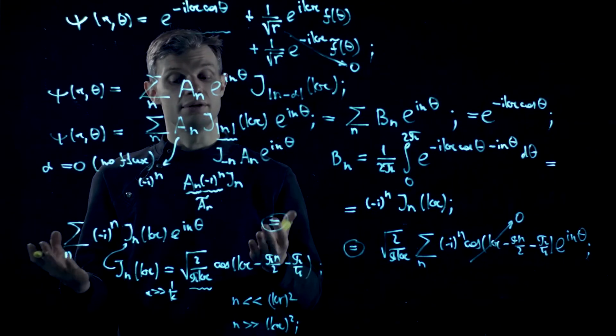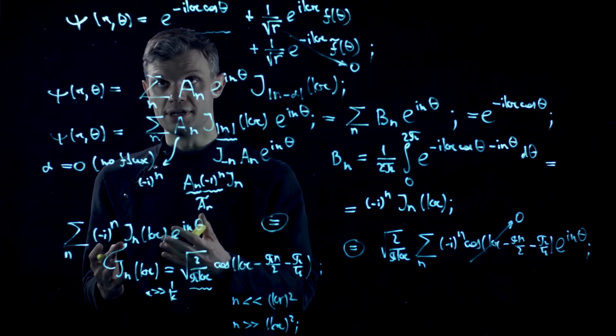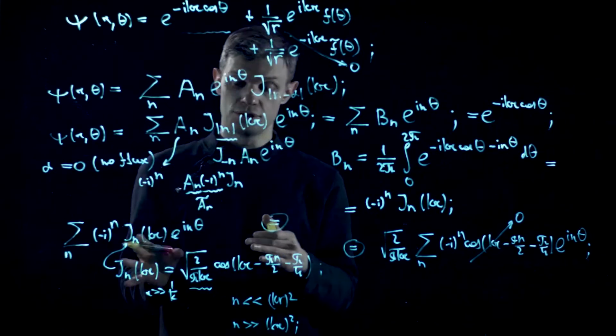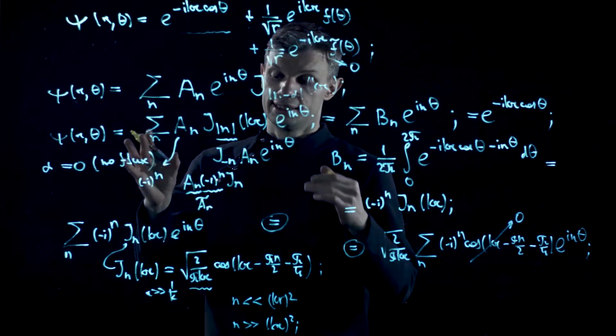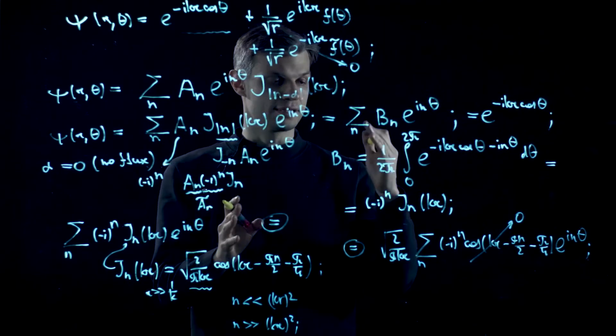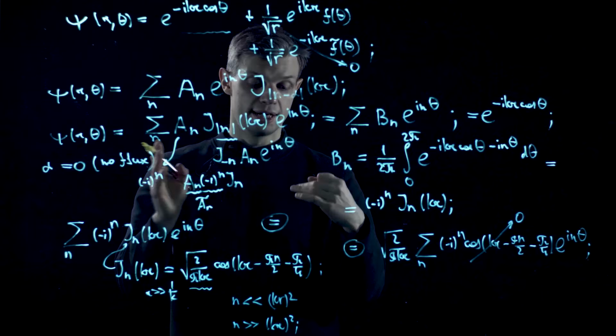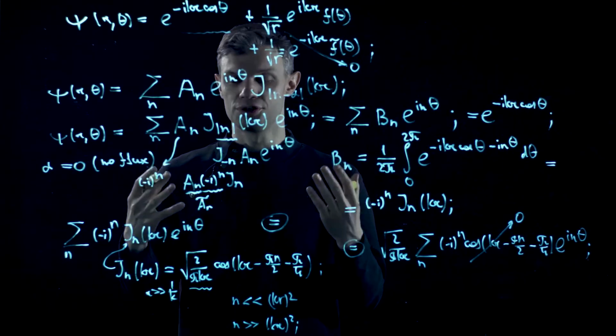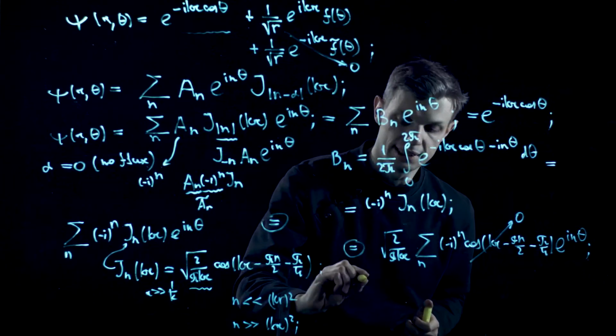And the question is, how can we indeed restore this plane wave from that kind of sum? To do this, we should use a different representation for our Bessel function. The most suitable one is the integral representation in terms of a contour integral. So let's write it down.